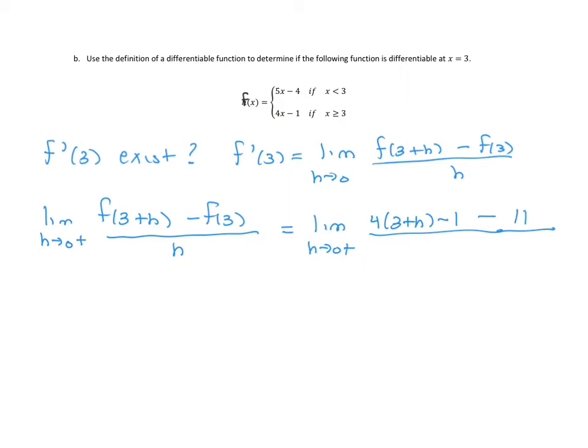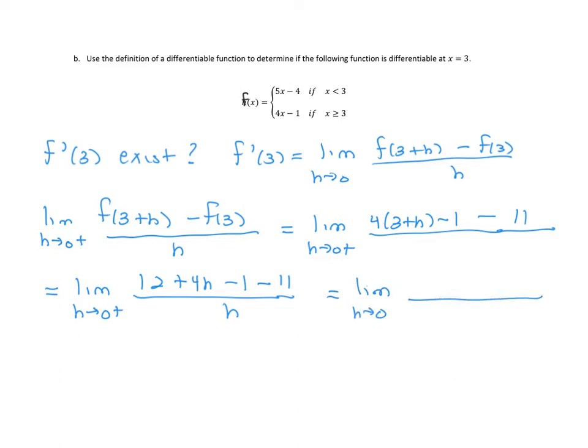Continuing by simplifying this limit, this is the limit as h goes to 0 from the right of, okay, when we simplify the function, we get 12 plus 4h minus 1 minus 11 all over h. And this is the limit as h goes to 0 of, well, we have 12 minus 1 minus 11, which is 0.